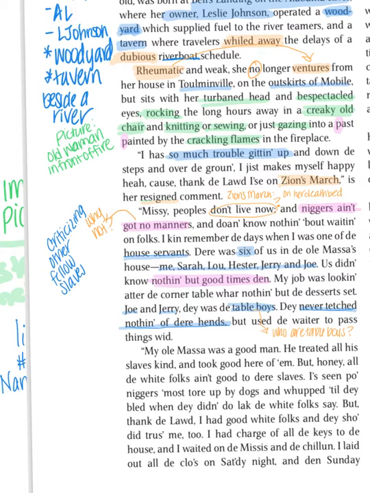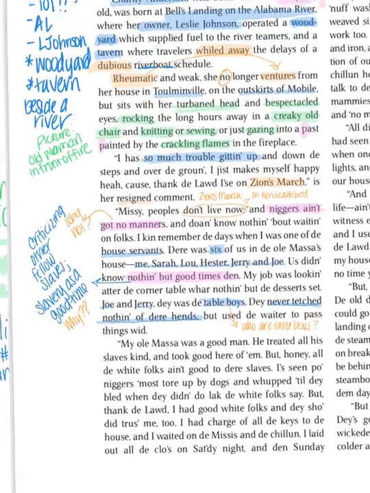And she's describing slavery as a good time. When she was working in the master's house, it was nothing but good times then. This is really interesting. So we need to talk about maybe why. Maybe she'll go on to explain it.